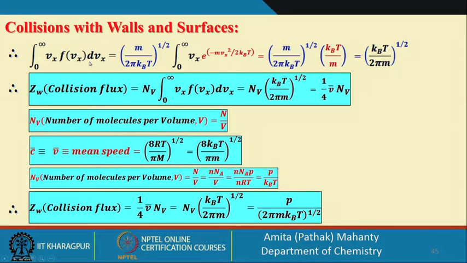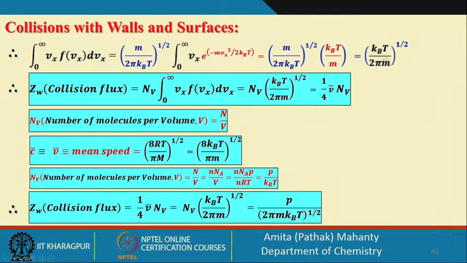So, if I get the whole expression, I can rewrite the number density or the collision flux as this, which we have evaluated to be this. For this one, we have multiplied by this, because this was the term which was previously there, the normalization term, the constant term.